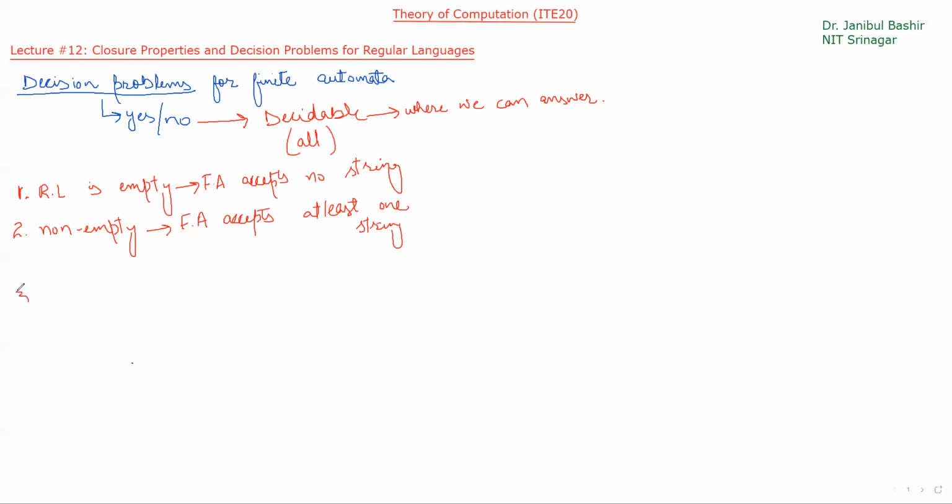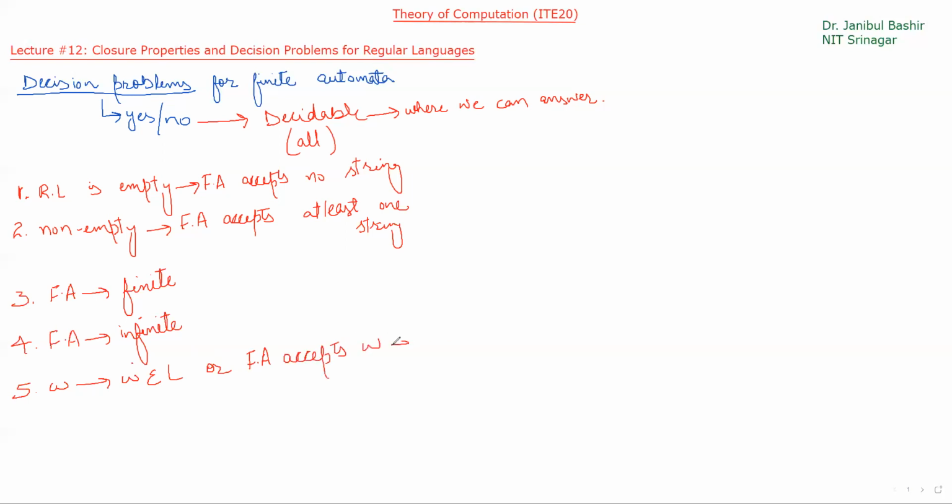The third problem we have is, if we have a finite automata, whether the language of this finite automata is finite. Okay. And fourth is, if we have a finite automata, can we say whether its language is infinite? Yes or no? Okay. Fifth is, if we have a string W, can we say this W belongs to L, where L is a regular language, or whether that finite automata accepts W?